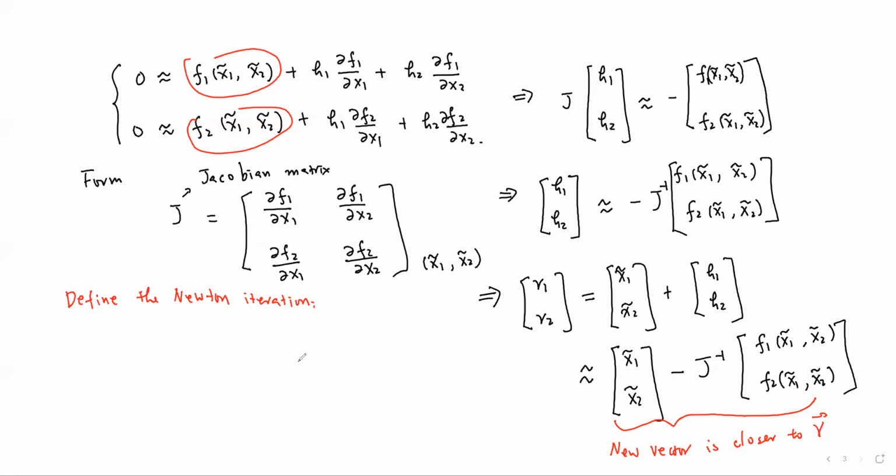Then minus Jacobian times the function value at x1k, x2k, f1, f2 at x1k, x2k.